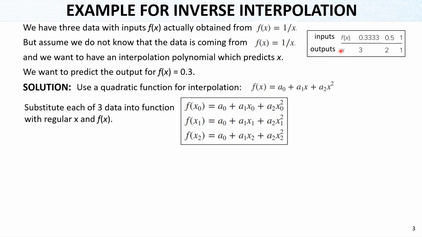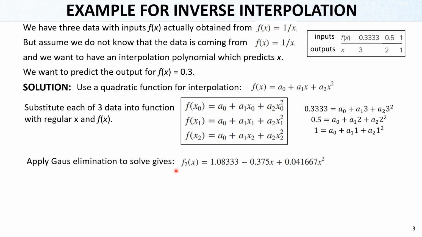So x's are here, fx's are here, and we have the data like this. Apply Gauss elimination to solve, and the function becomes like this. We find a0, a1, and a2 from Gauss elimination as 108, 0.3, and 0.404.